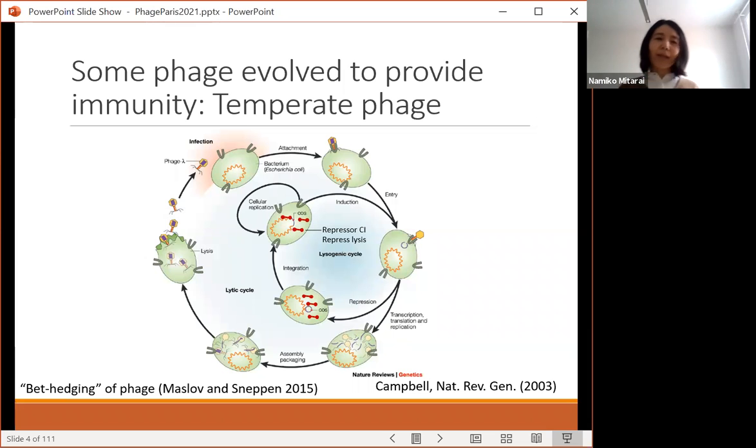So basically this is a phage that brings in immunity once in a while, and this has been interpreted as maybe the bet hedging of the phage. Basically, the phage evolved so that it doesn't kill all the hosts if the number of hosts is not that high, so that you need to keep some for the future.